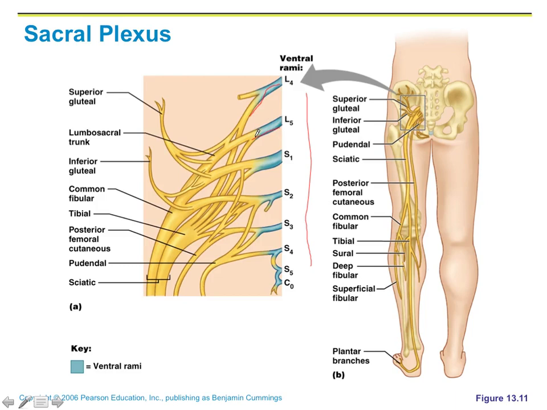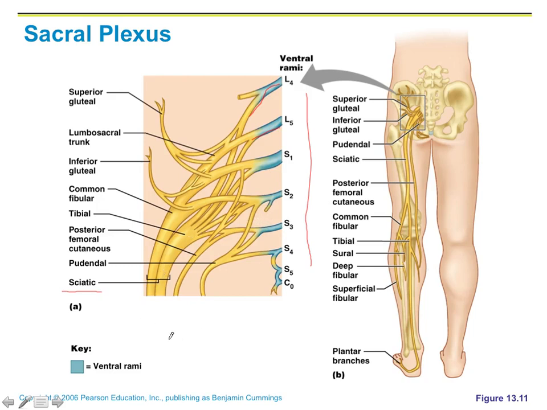So since we know sciatic nerve is very important, okay, very important, we can focus on the sciatic nerve. We can see the sciatic nerve is made from the L4 to the S3. Okay, L4, right? Sciatic and S3. Okay, so we can see.